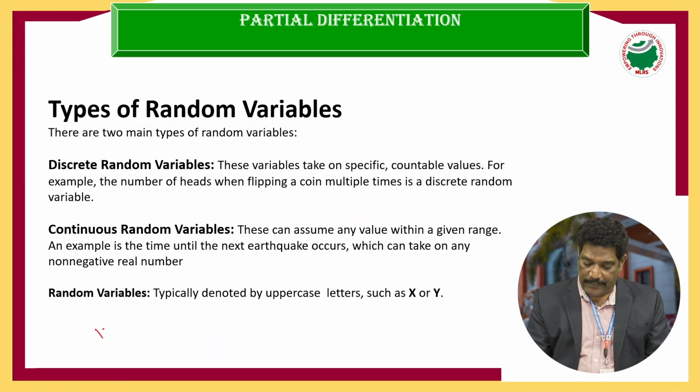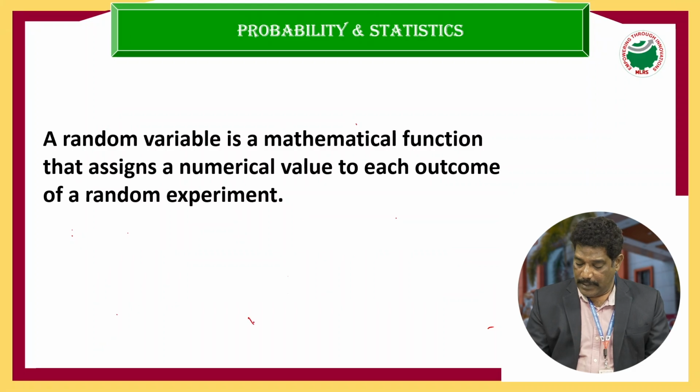Suppose X is the random variable that takes values. In the earlier example, X takes 0, 1, 2, because the number of heads: HH will be 2, HT will be 1, TH will be again 1, and TT will be 0.